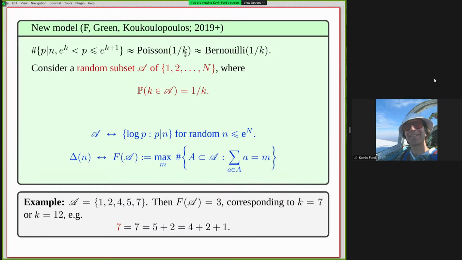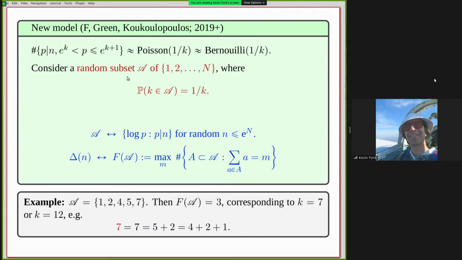But since we're thinking of k as large, that's actually close to a Bernoulli random variable that takes only 0, 1 values. So a Poisson variable with a small parameter very rarely has the value 2 or larger. So we are considering then integers that have either 0 or 1 primes in such intervals.